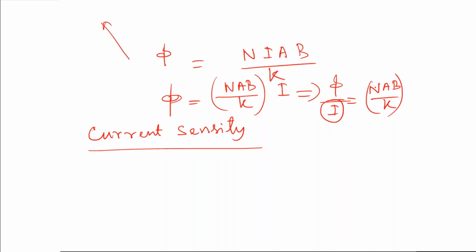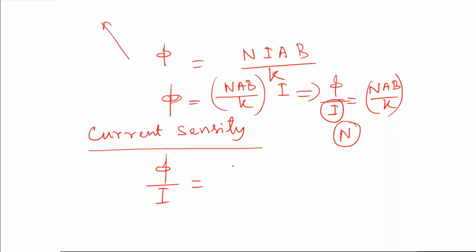Then you can easily increase the current sensitivity of the ammeter. I hope you have understood. This NAB by K is the current sensitivity.